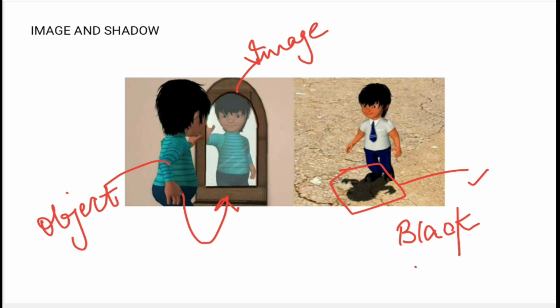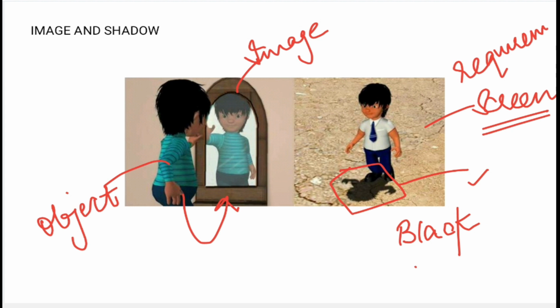So shadow is always formed opposite to the source of light. Next, students, an image cannot be obtained on a screen, whereas in the case of a shadow we do need a screen, like this ground or this surface, as I told you earlier. It is an essential thing.